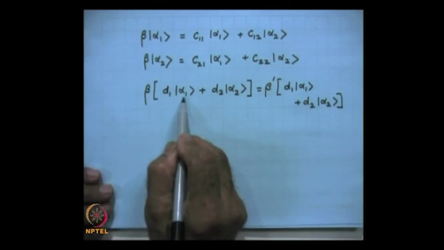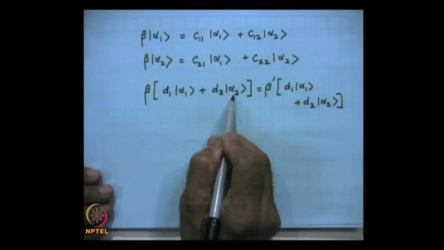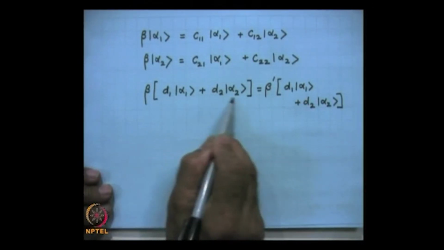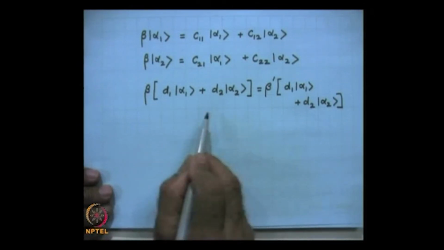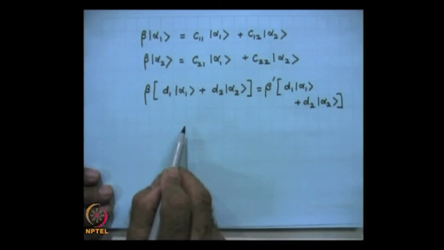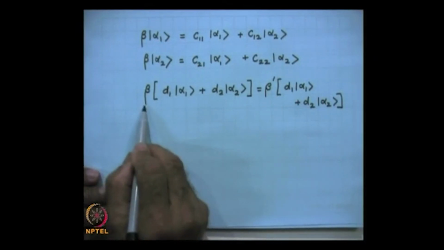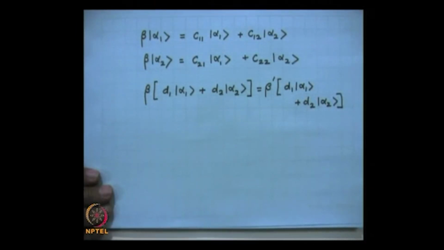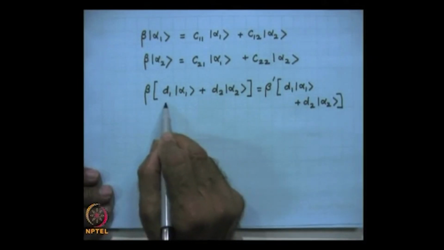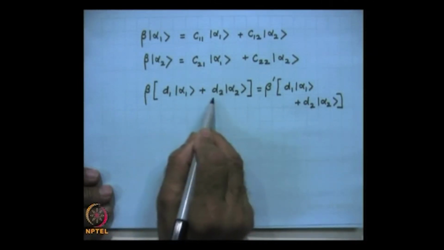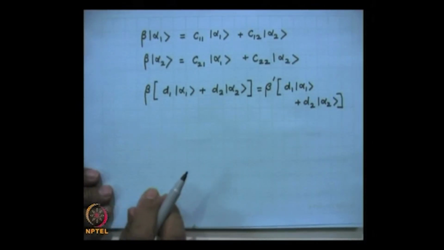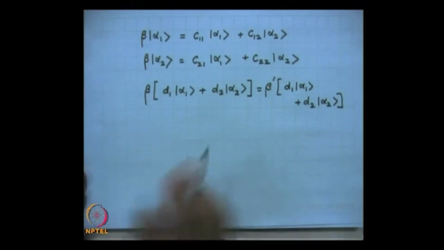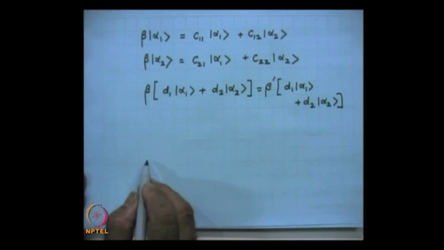Since ket alpha 1 and ket alpha 2 are eigenkets of alpha belonging to the degenerate eigenvalue, any linear combination is also an eigenket of the operator alpha. We now look for that linear combination which is also an eigenket of the operator beta. So, let that linear combination D1 ket alpha 1 plus D2 ket alpha 2 be that linear combination which is also an eigenket of the operator beta belonging to the eigenvalue beta prime.